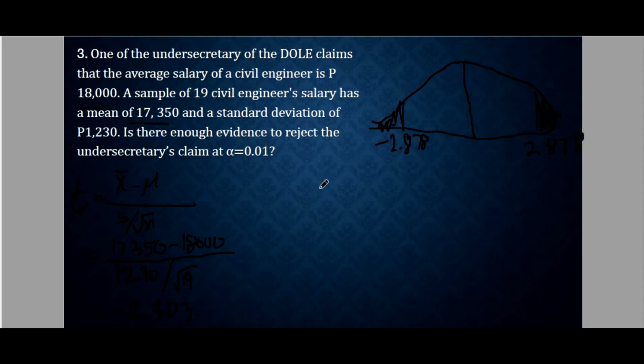Now, let's locate our t computed. It's negative 2.303, so it is somewhere here. So therefore, what is our decision?